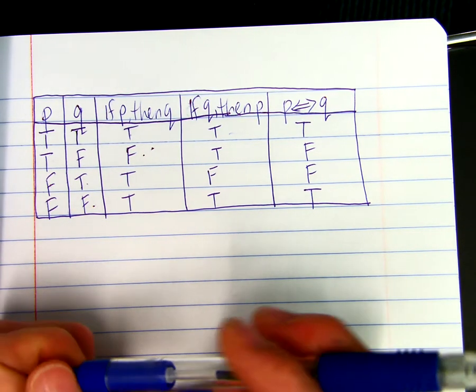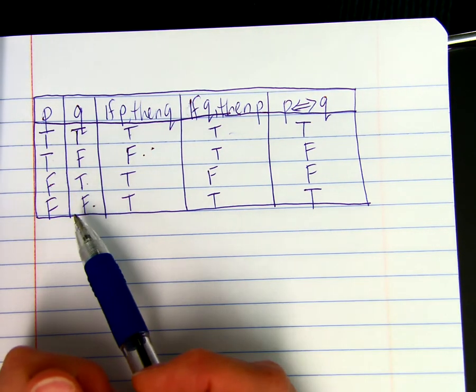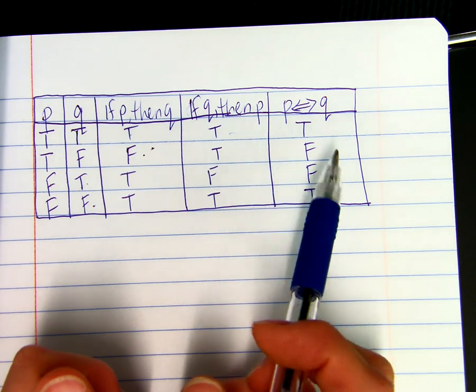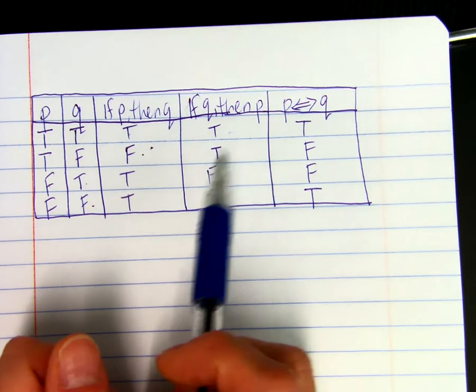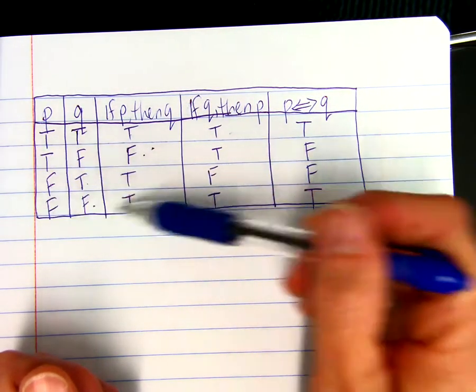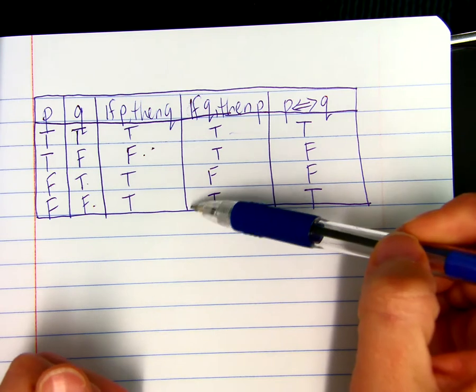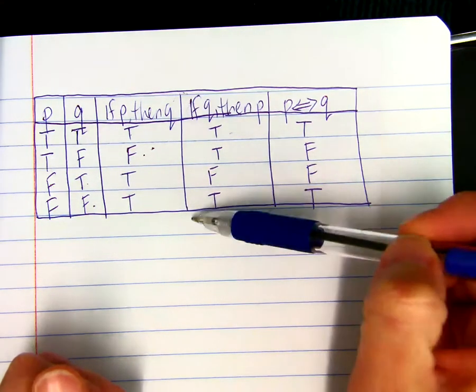Yes. Is the order of the rows the statement, then the converse, then the inverse, then the contrapositive? Not necessarily. I usually put in these three no matter what. If I'm doing a truth table, I like to have these three.